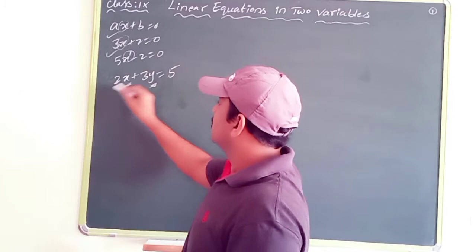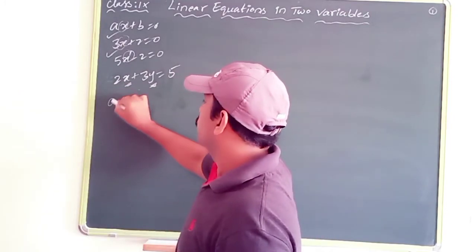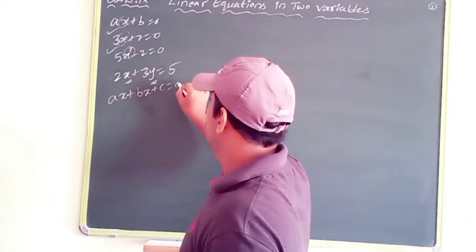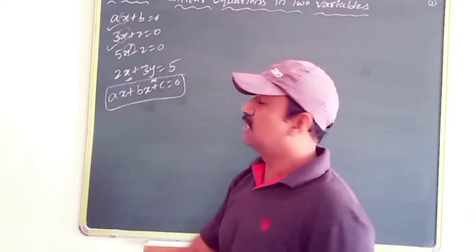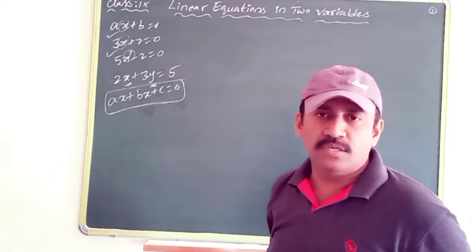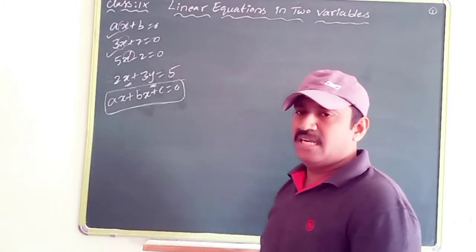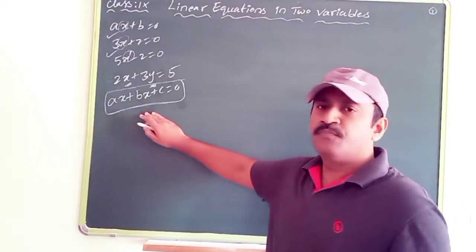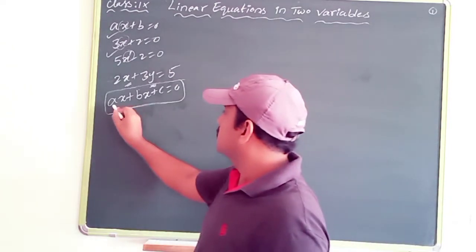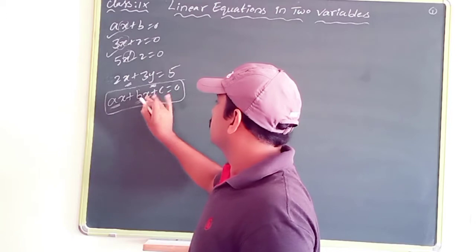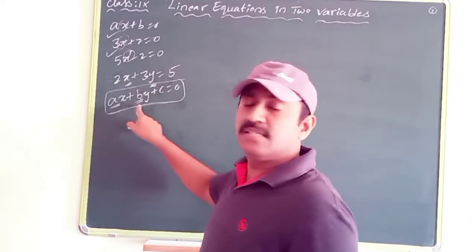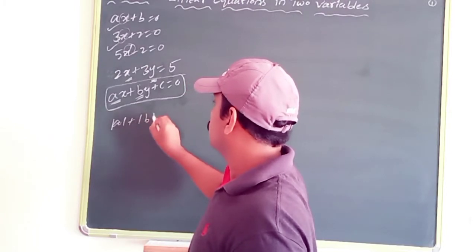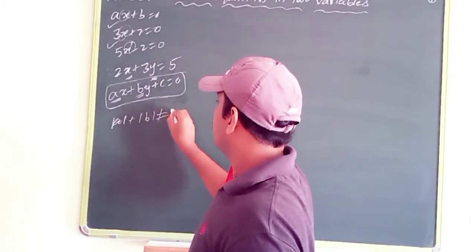So what is the general form of a linear equation in two variables? This is a very important question. ax plus by plus c equal to 0. This ax plus by plus c equal to 0 is called a linear equation in two variables. So what is the condition for this to be a linear equation? Here, for ax plus by, the modulus of a plus modulus of b is not equal to 0.